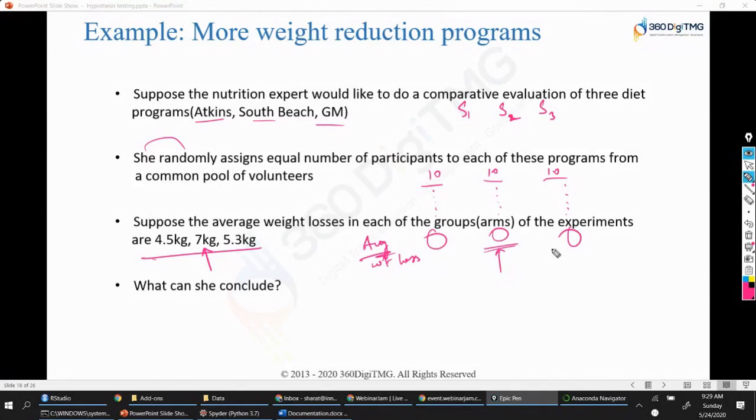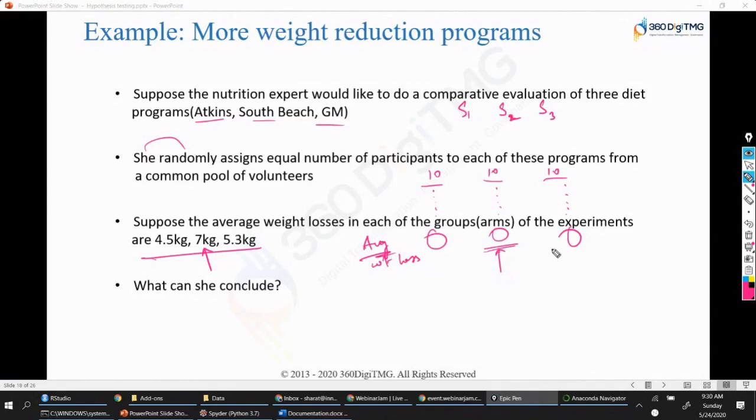But the problem here would be, what if I have an outlier in the second South Beach diet program case? There might be a scenario where I have an outlier, right? So if you have such an outlier, then obviously your mean gets affected.